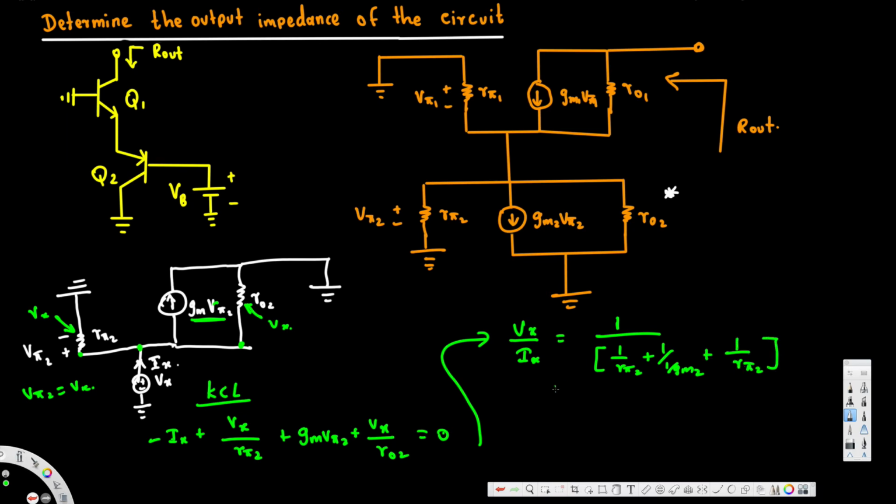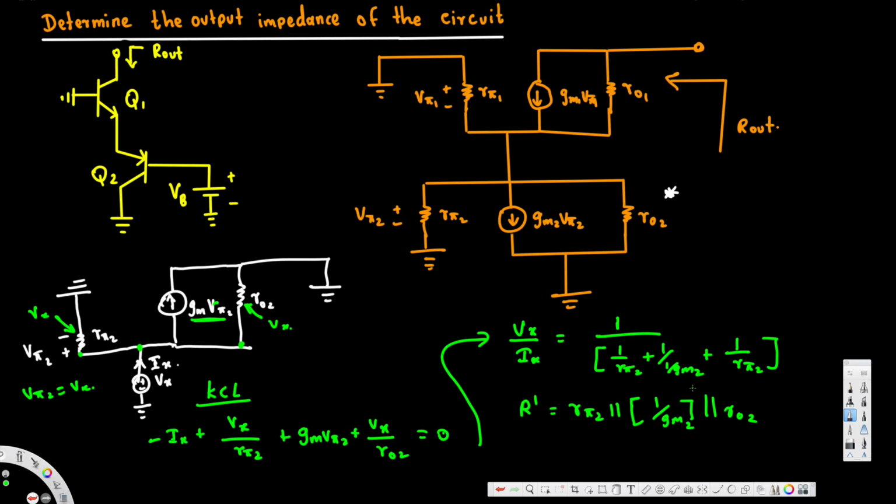That's what we will end up with. Vx over Ix is basically R prime. R prime is equal to R pi 2 parallel 1 over gm2 parallel RO2. Now we have calculated R prime.